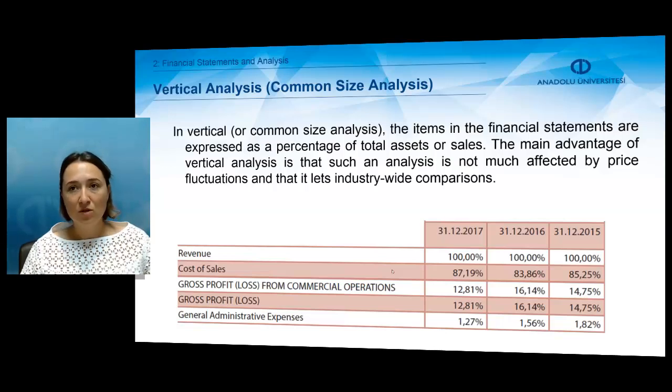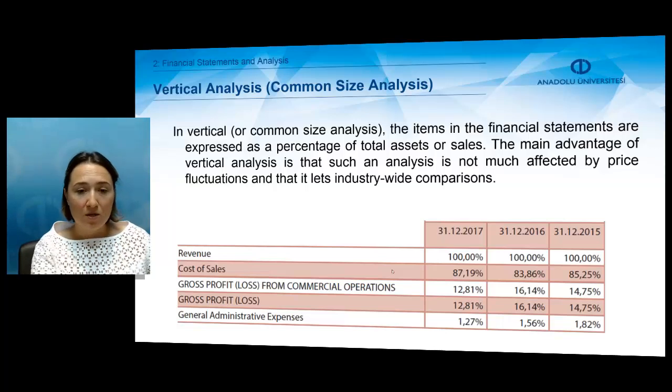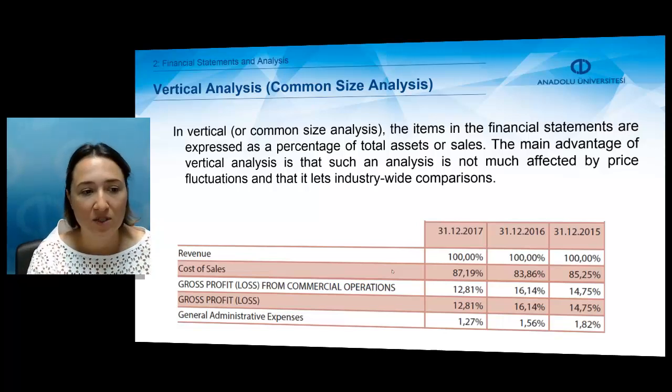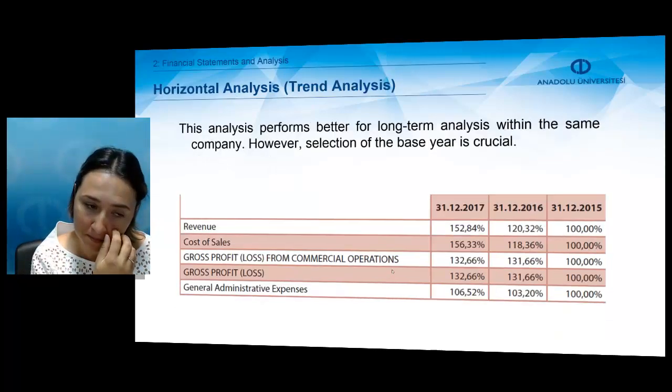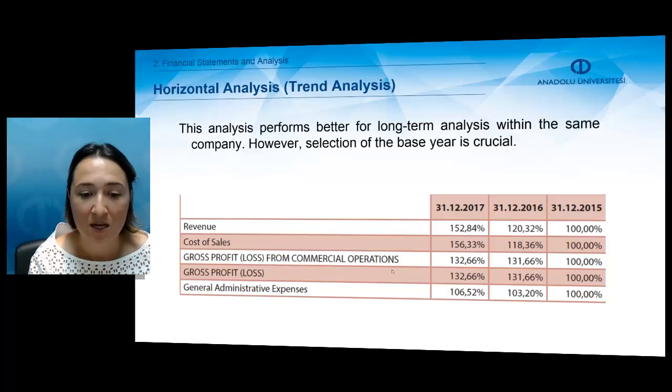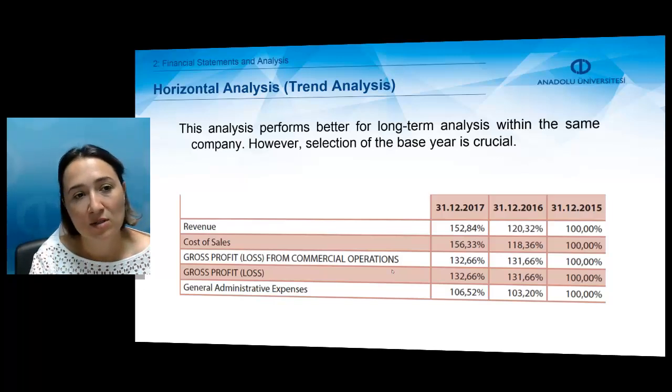If we talk about the balance sheet, we express each item in the balance sheet as a percentage of total assets. If we talk about the income statement, then we express it as a percentage of revenue. The next thing is horizontal analysis.